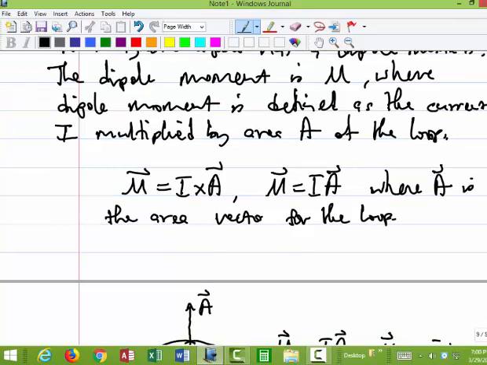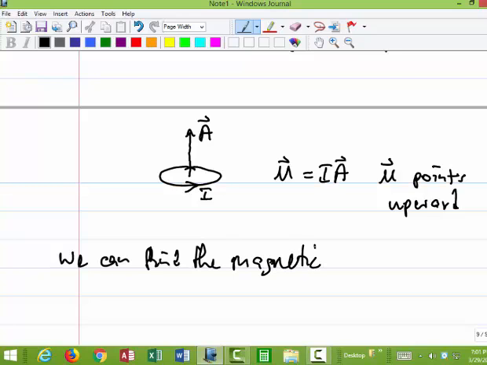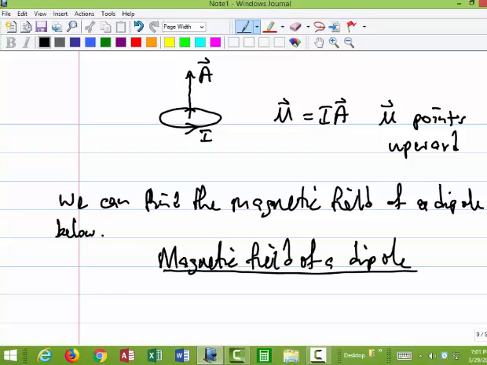Okay, go down now. So we can find the magnetic field of a dipole. Let me put here: magnetic field of a dipole. We'll start off with the magnetic field we found for our current carrying loop.